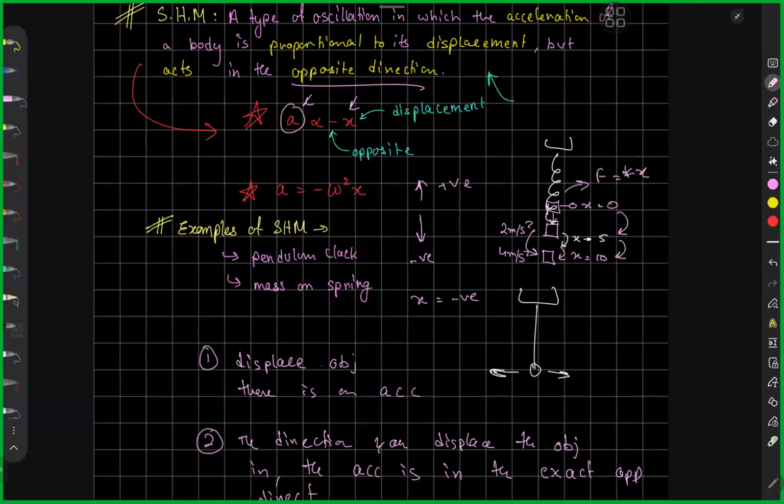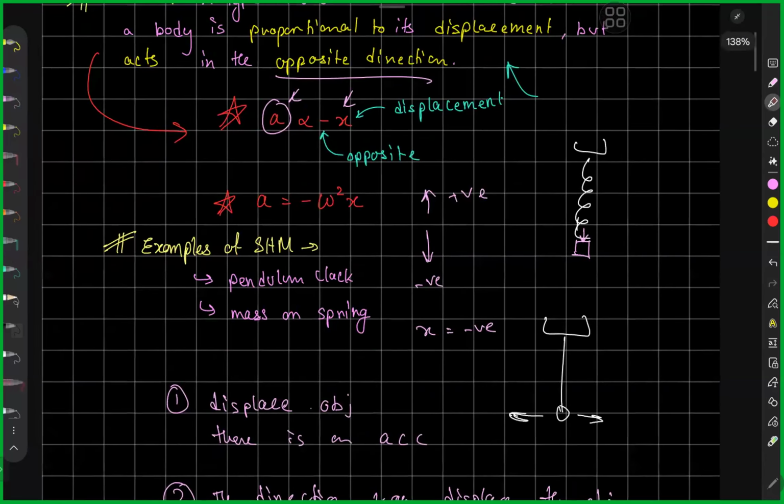Now, if I do the same thing at the topmost position, so if I remove all this and basically stretch the string over here, what happens in that case is now displacement is positive. Got it? Displacement is positive. And acceleration will be downwards because you're pushing the string in and it wants to expand.